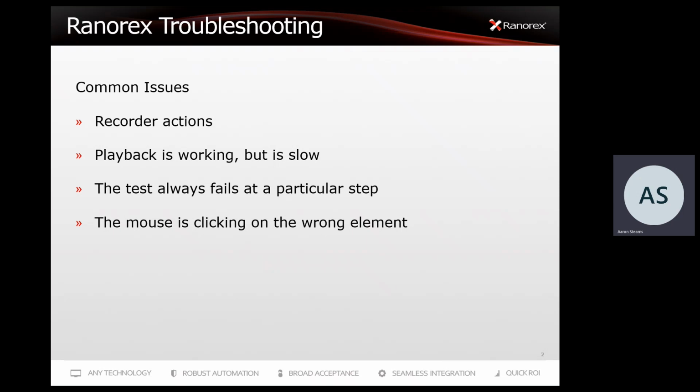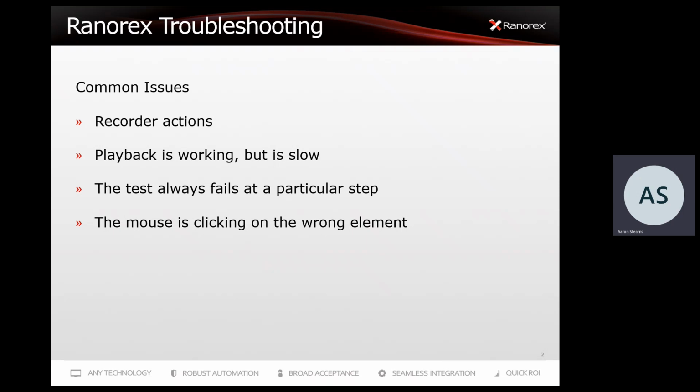In the final case, we're going to take a look at some examples of the mouse clicking maybe in the wrong place or on the wrong element. This is something that commonly will happen depending on the application, but let's say you're testing an application that has multiple close buttons in the UI, or you have multiple elements in the UI, like multiple fields or buttons or things that you're clicking on that are very similar in some way.